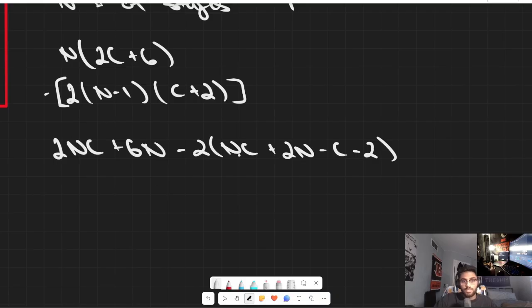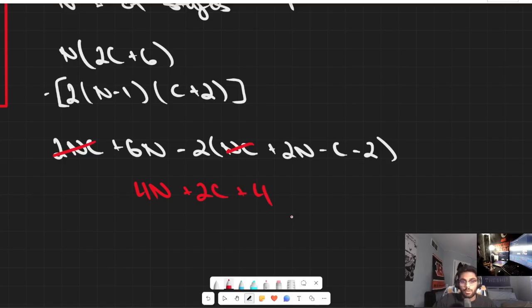So 2nc minus 2nc, so these two terms will cancel out. 6n minus 2n gives us 4n. And then we also have plus c plus 2c, or minus 2c, no, plus 2c. Gosh, my algebra.